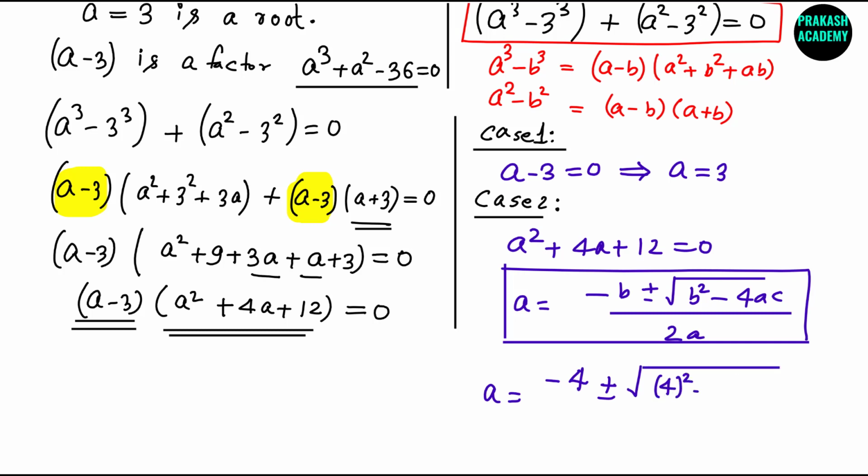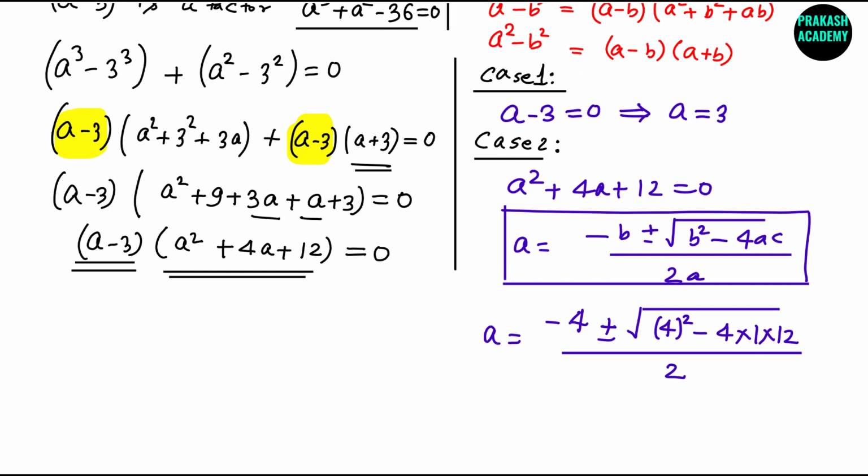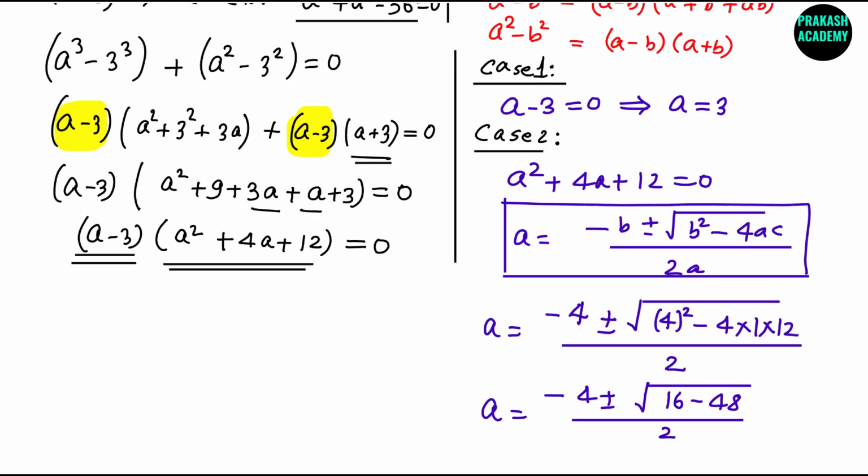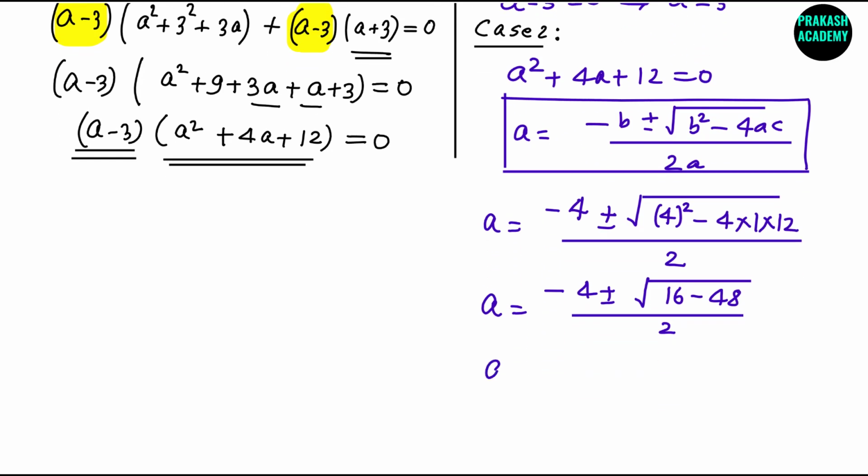So that is 4 square minus 4 times 1 times 12, divided by 2a. So divided by 2, you can say a is equals to minus 4 plus minus square root of 16 minus 48. So now you see roots are not real because this is a negative number.